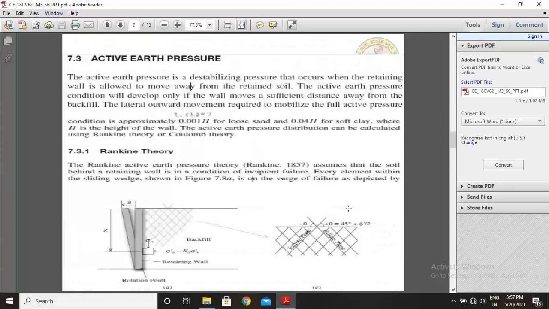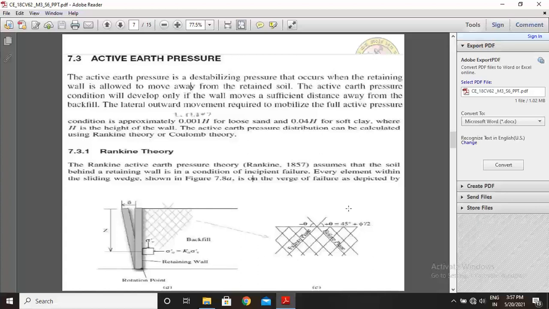Next, active earth pressures. What do you mean by active earth pressure? The active earth pressure is a destabilizing pressure that occurs when the retaining wall is allowed to move away from the retained soil, that is away from the backfill.